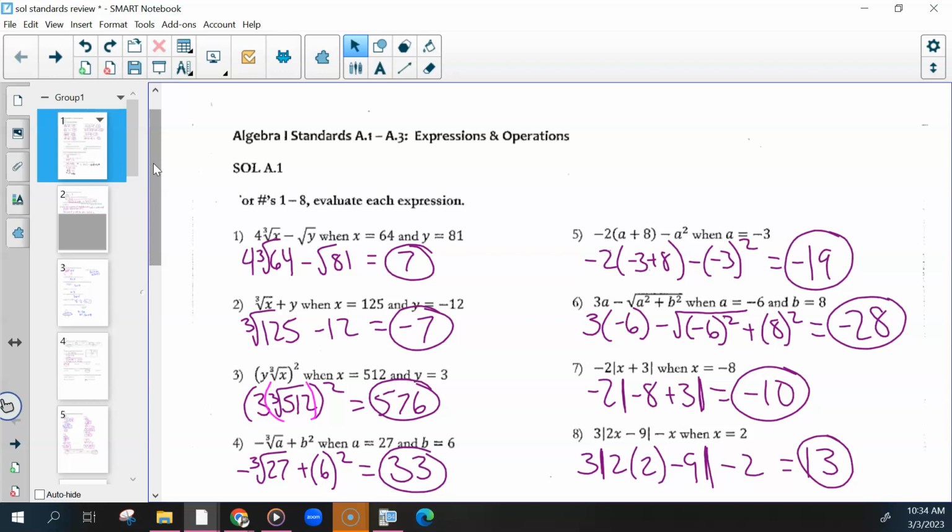So number 1 was 7. 2 was -7. 3, 576. 4, 33. 5, -19. 6, -28. 7, -10, and 8, 13.